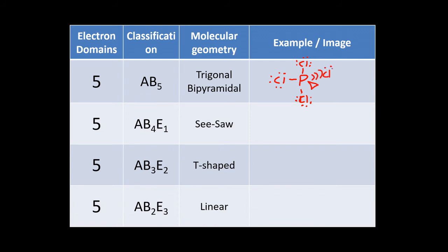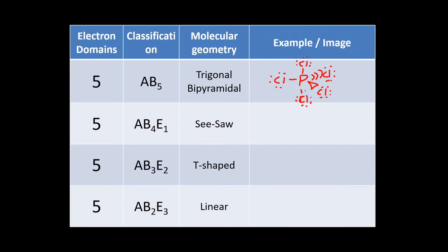So hopefully it's at least partially clear, the shape that I'm drawing there. So we have 3 atoms in a line here that are in the plane together, and those are the axial positions. So these 2 positions here are actually different from these 3 positions.